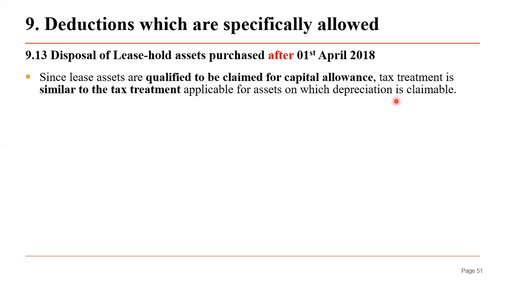If you purchase the asset under lease term after 1st April 2018, then normal tax treatment applies. That means you can calculate the assessable charge or the balancing allowance accordingly. There is no hard and fast rule, right?